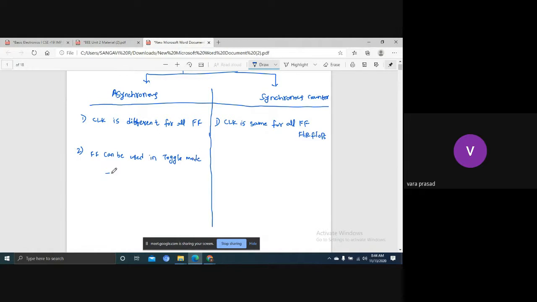For a JK flip flop, toggle mode is J equal to 1, K equal to 1, or a T flip flop can be used with T equal to 1. These conditions only we need to use. Here, in the synchronous counter, the flip flop can be used in any mode.